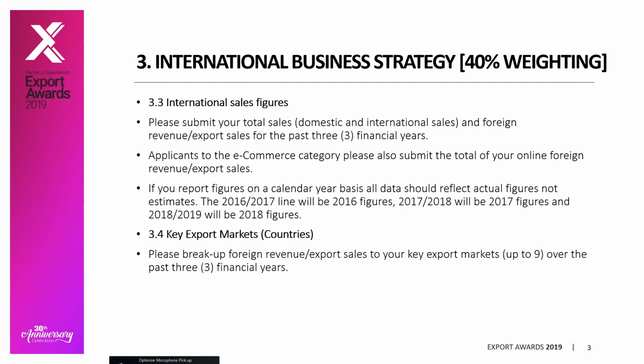Complete the annual total sales figures, for both domestic and international sales, and then the total sales of goods and services. Most people have the accountants in their company complete this aspect. The form auto calculates for a lot of it as well, but there's not much else I can tell you about that. But I just want to assure you that it's not just the income, it's about your strategy as well.